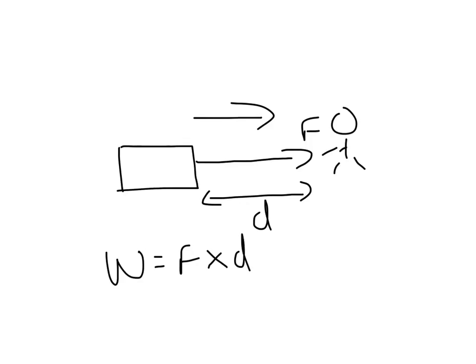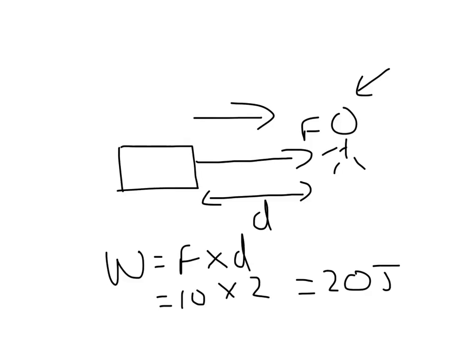So for example, if this block here required a force of 10 newtons to move a distance of 2 meters, the amount of work done or energy transferred will be 20 joules. So 20 joules of chemical energy by the individual would be transferred to the block to move it.